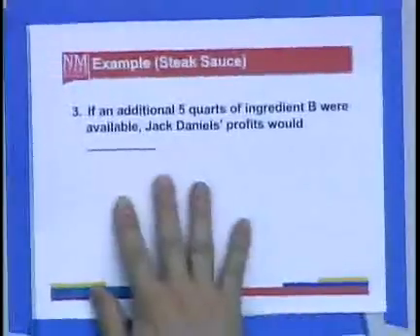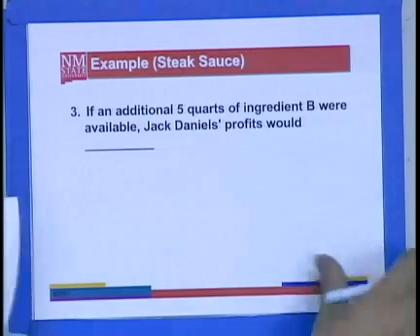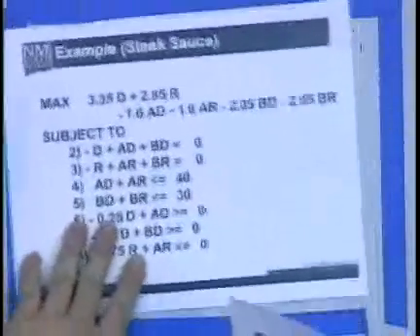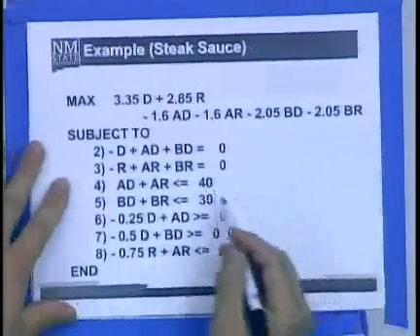What about number 3? If an additional 5 quarts of ingredient B were available, what will be the profit for that? Originally, the company can purchase up to 30 quarts, right?